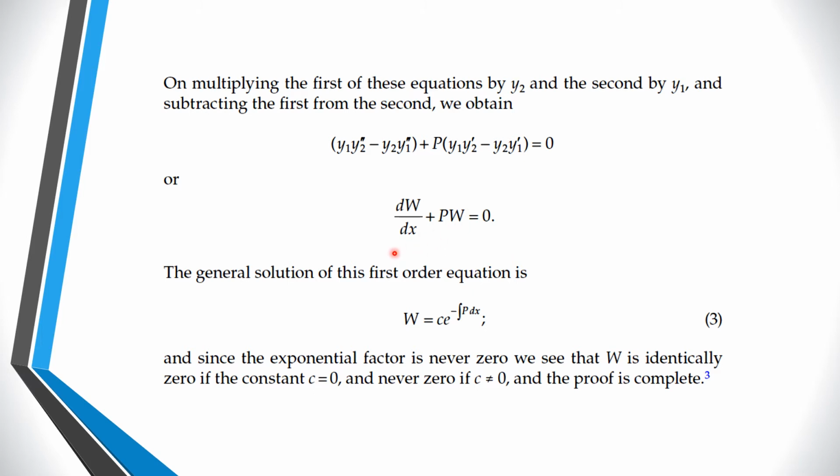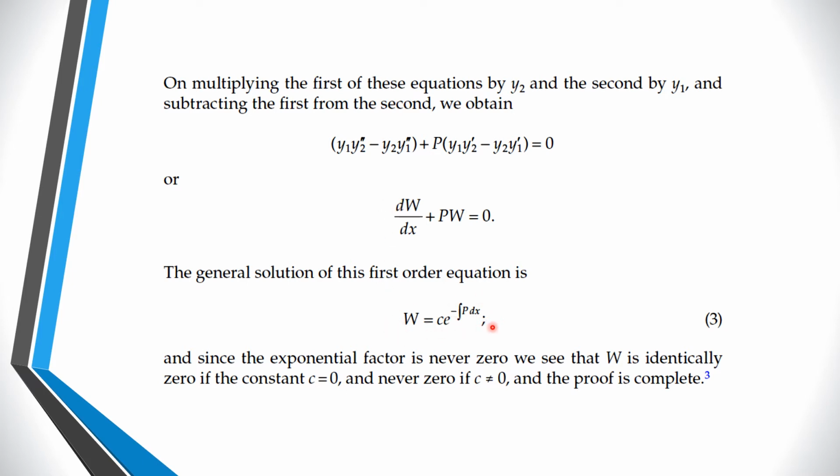Or you can solve this equation by the variable separable method. You can take minus pW to this side, and then combine dW with W, and since p is a function of x alone, you can combine it with dx. Now you integrate both sides. After solving this first order differential equation, we will get this solution.